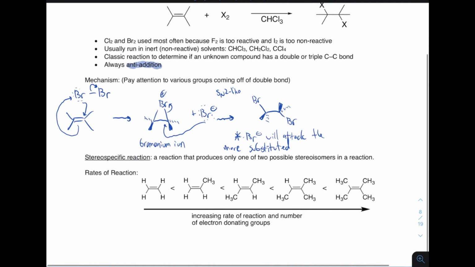And following that train of thought, we see the same thing with the rate of reaction. So the more substituted the alkene is, the faster the reaction goes. And that comes from the fact that we have a more stable intermediate with a bromonium ion, the more substituted each of these sp2 carbons is.